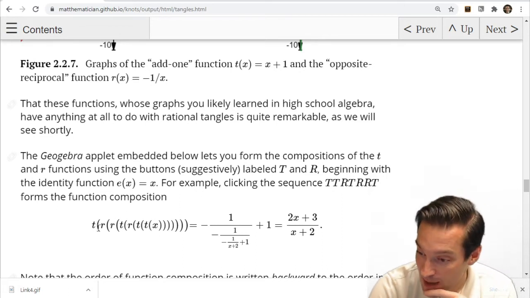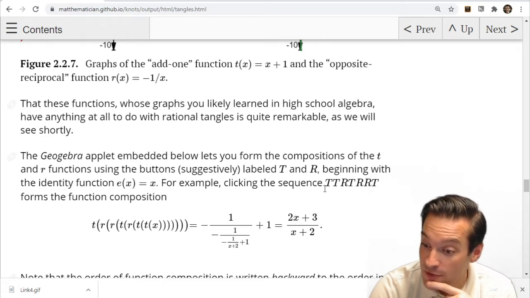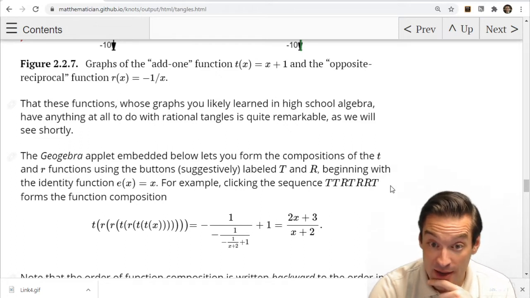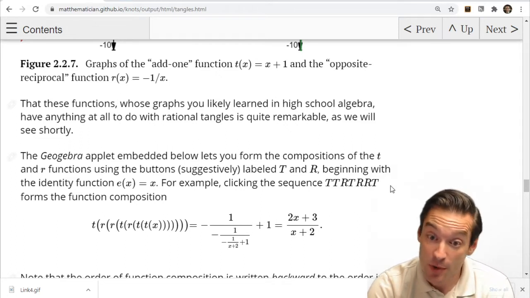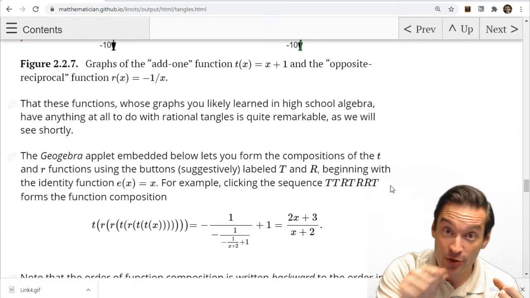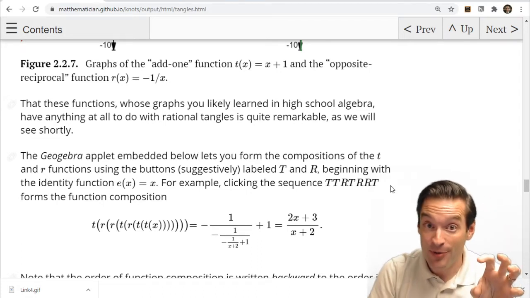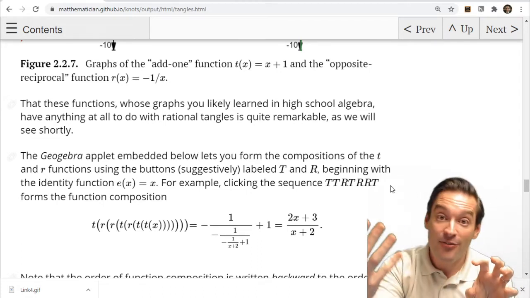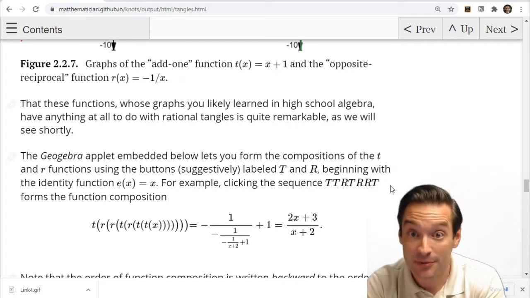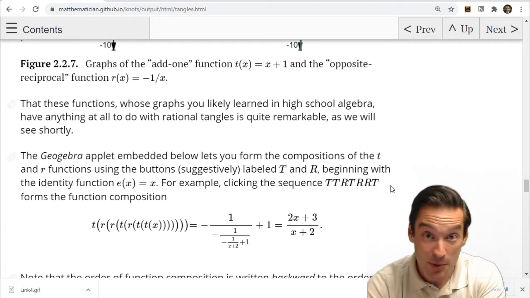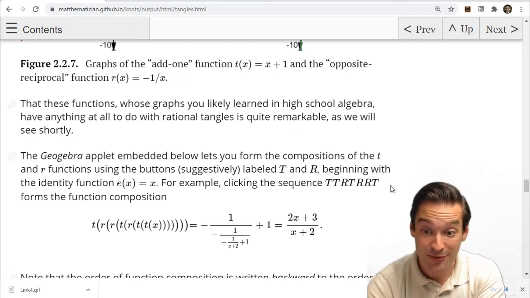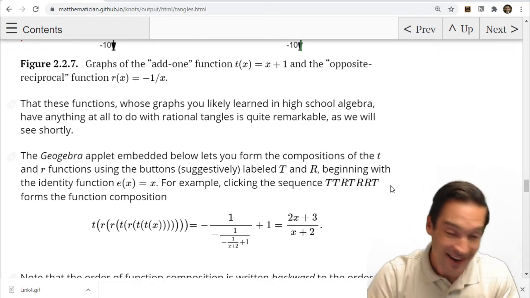And so the function composition that I get looks backwards from the rational tangle word that I wrote down, just because that's how function composition works, right? In the composition f circle g, it's the g function that happens first to x, and then the f function happens to the result of g of x, right? If you teach algebra 2 or pre-calculus, you know how much your students love f of g of h of k of x kind of problems, right?